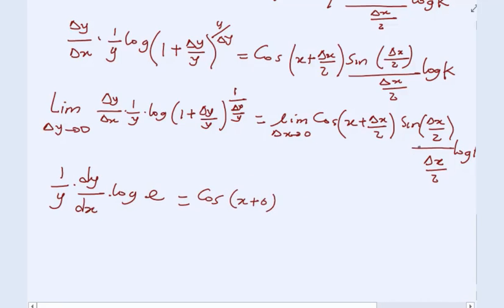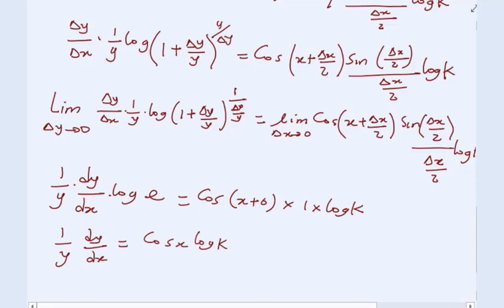Then when you take the limit of this one, it will be multiplied by 1 multiplied by log k. So at the end of the day I have 1 over y dy ds log e base e. Don't forget, this is log to base e. Log e base e is 1, so that 1 is equal to cos of s plus 0, which is still cos s, then log k.